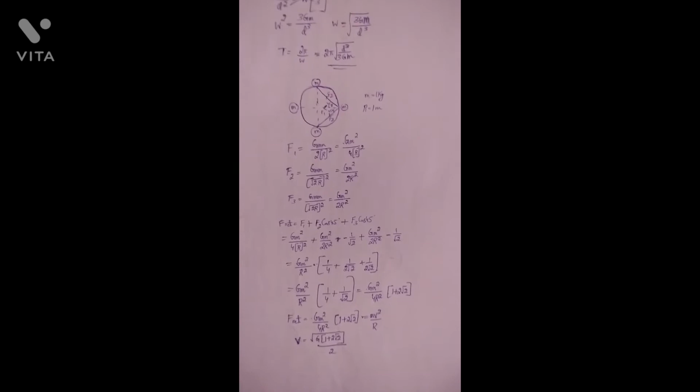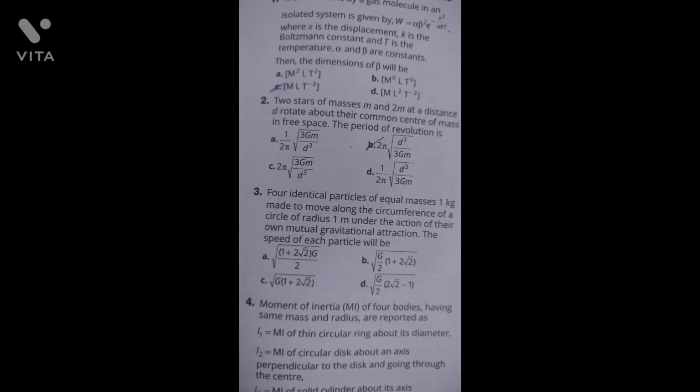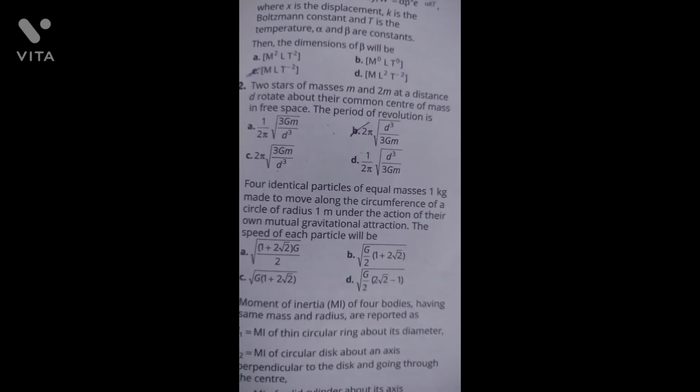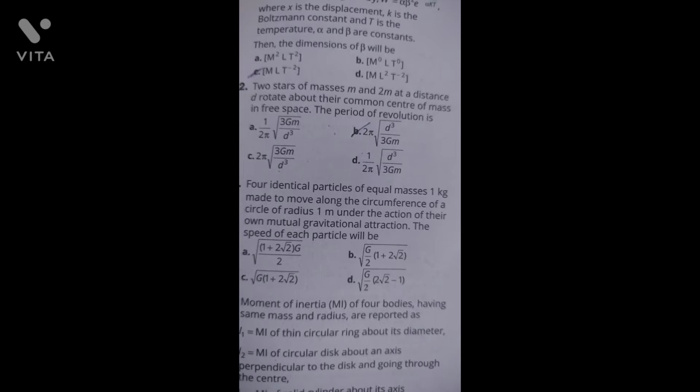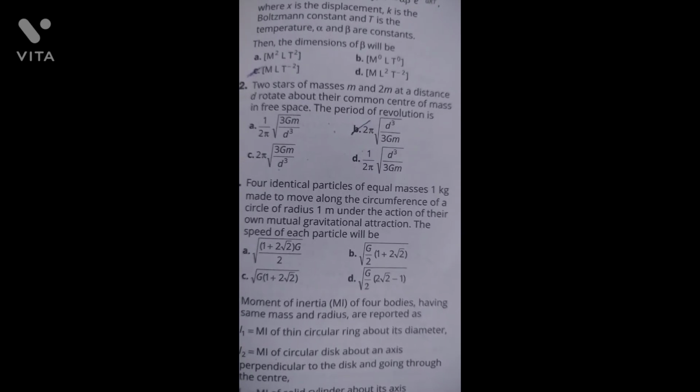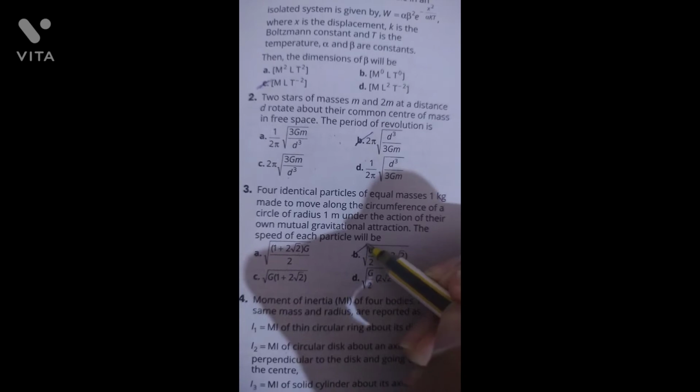So for that they have asked us to find the formula in the question. Now we have come to the question. So here the correct option is, we got G 1 plus 2 root 2 by 2. The correct option is option B. So therefore option B is the correct answer for question number 3.